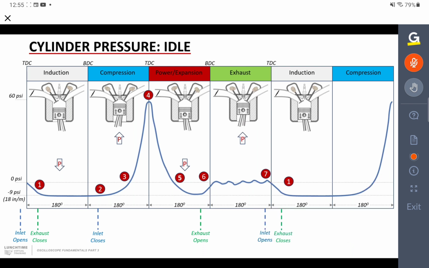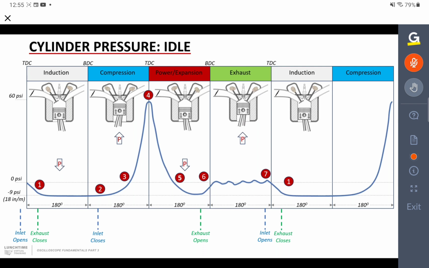Remember, we get our atmospheric pressure once the exhaust valve is opened. So whatever pressure is in the exhaust system is now exposed to the cylinder. So once the exhaust valve opens, we're now exhausting the air out past the exhaust valve.